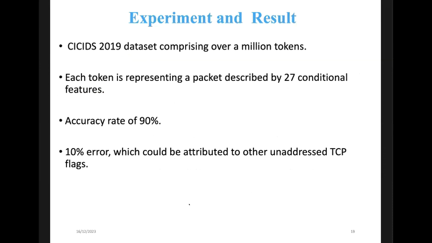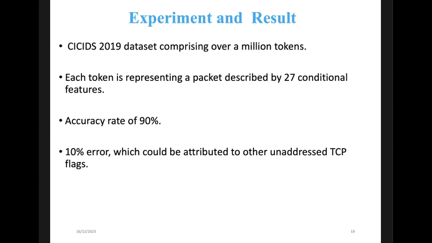For experiment and results, we utilized a public dataset comprising over 1 million tokens, each representing a packet described by 27 conditional features. These tokens were categorized into two groups, normal and abnormal.